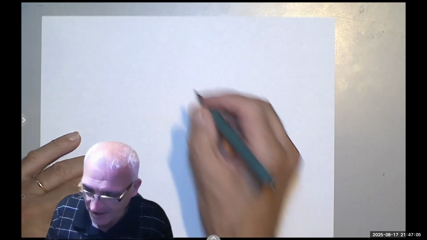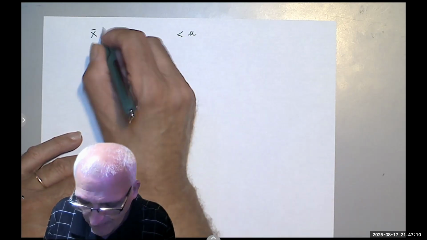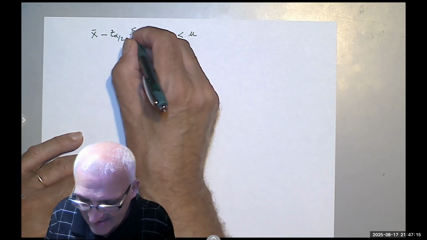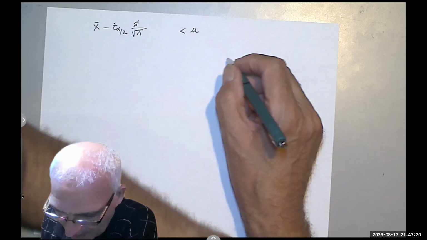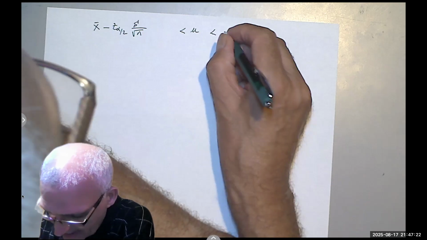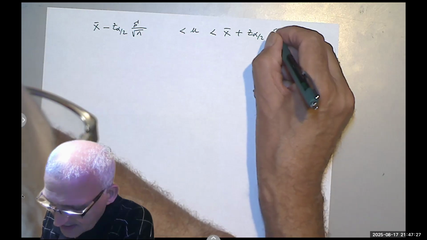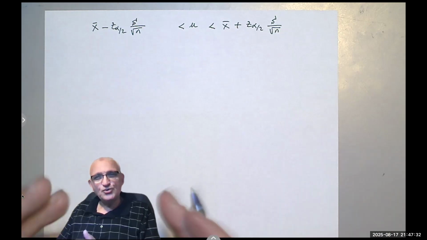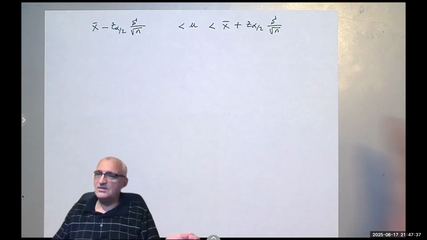So we can say the confidence interval would be mu is greater than x bar minus z alpha over 2 times s over the square root of n, less than x bar plus z alpha over 2 times s over the square root of n. So that's what we do in case we have a large sample size, or everybody does that.